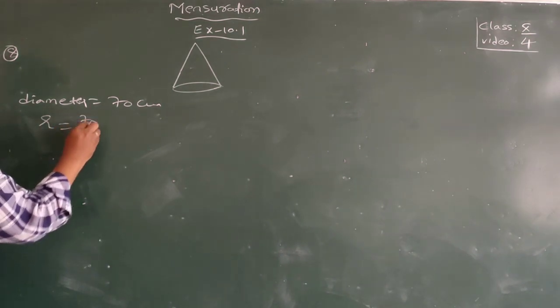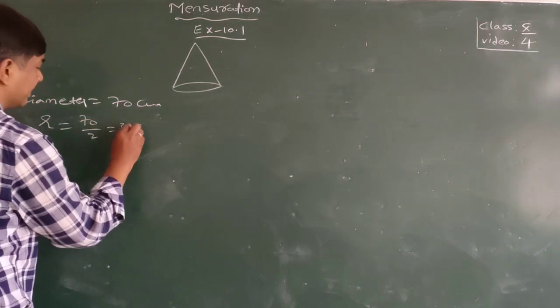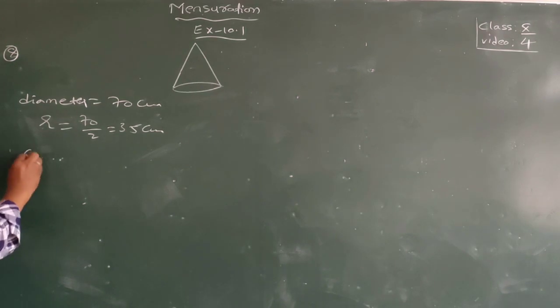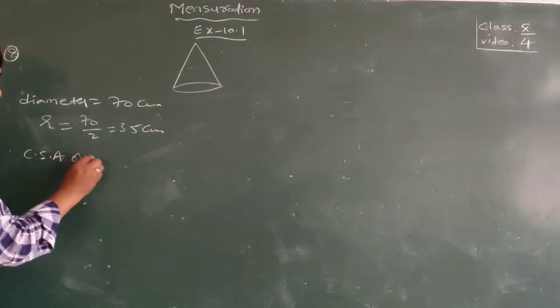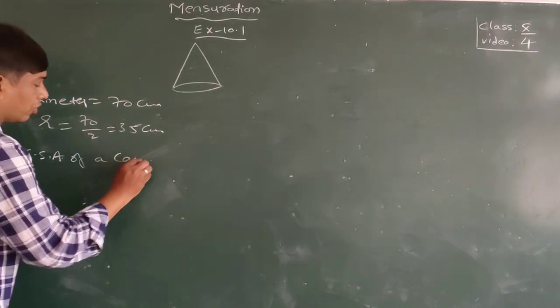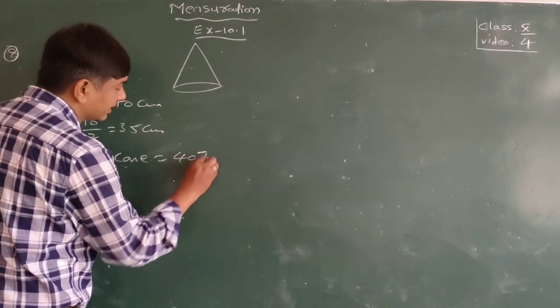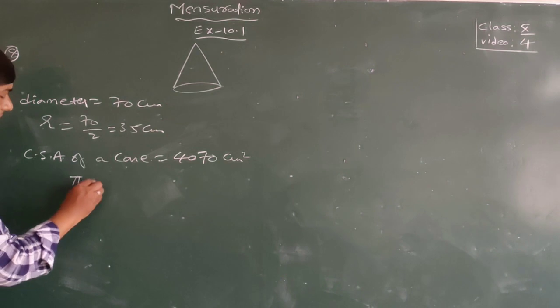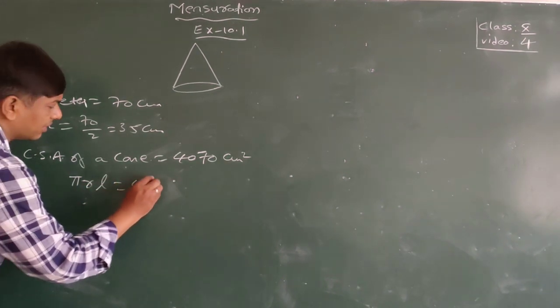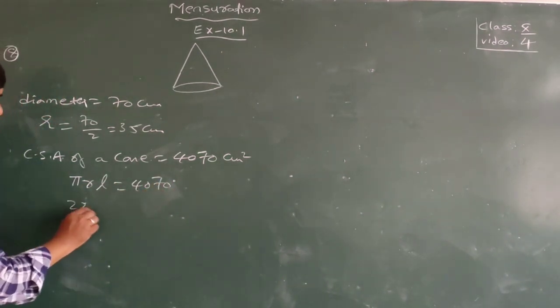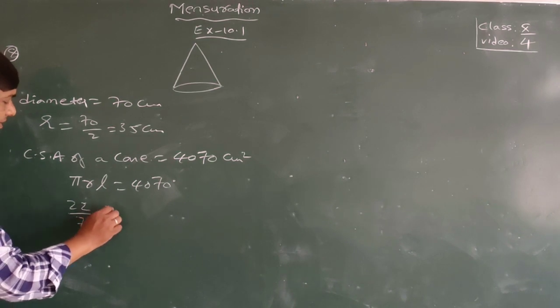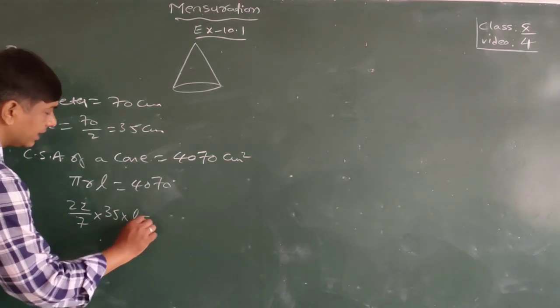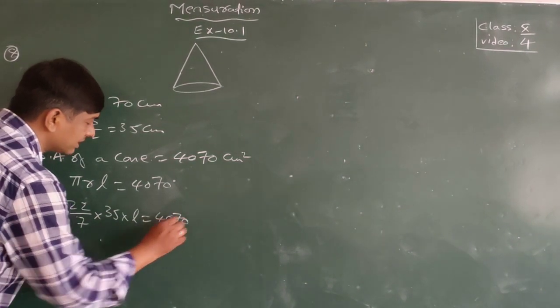Radius is equal to 70 by 2, which is 35 centimeters. Formula is pi r l is equal to 4070. 22 by 7 into radius 35 into slant height l is equal to 4070.